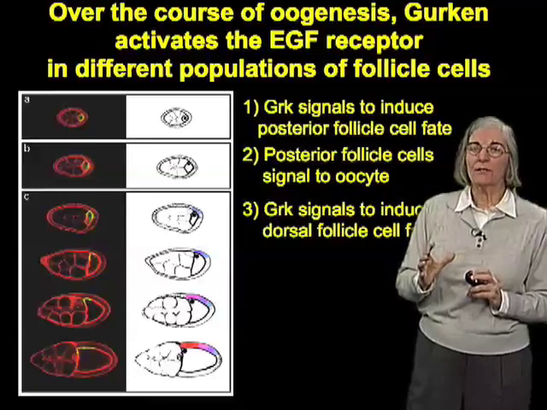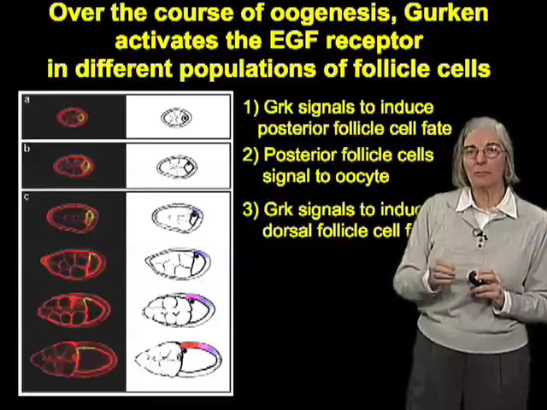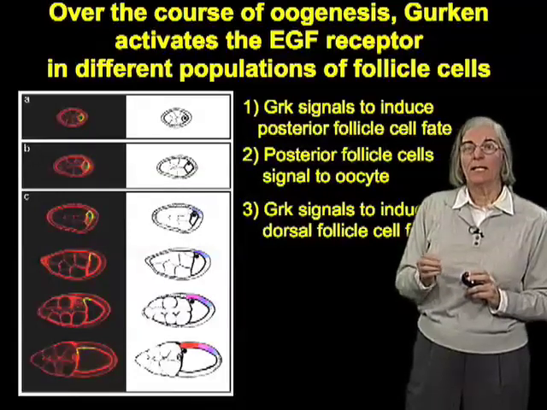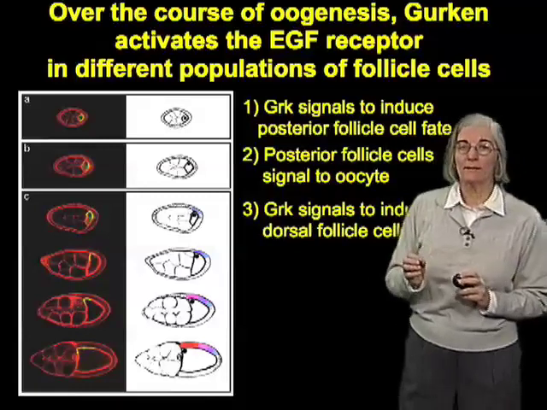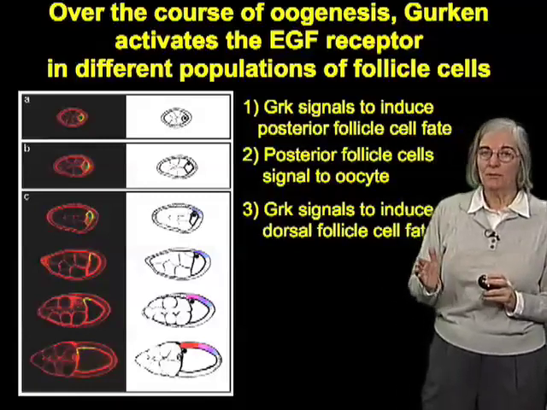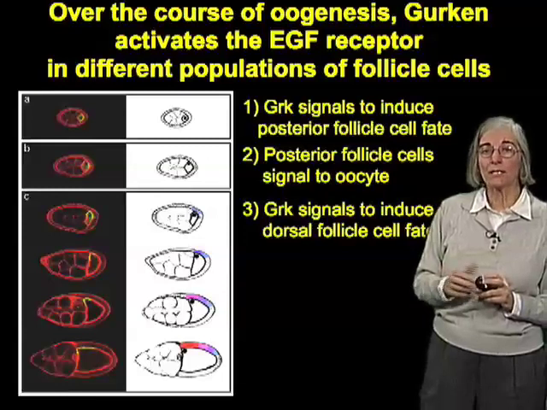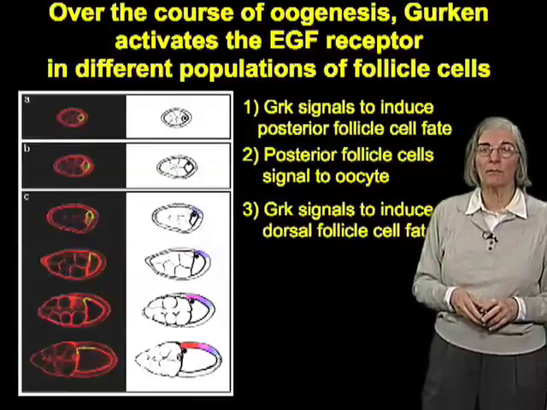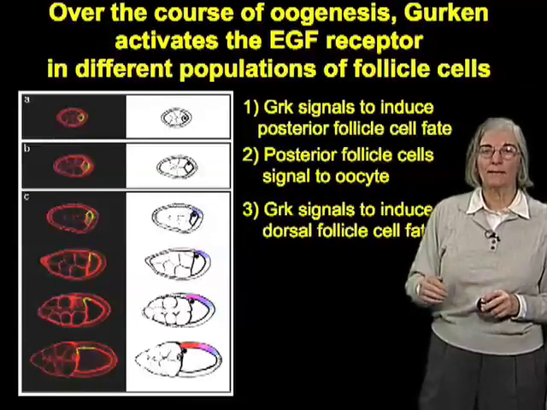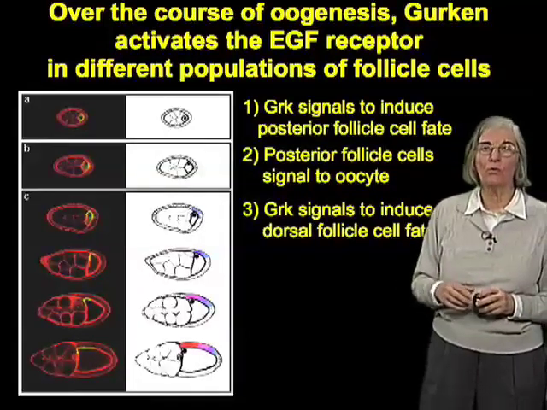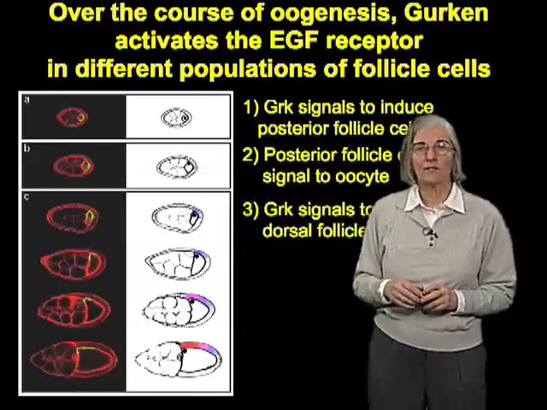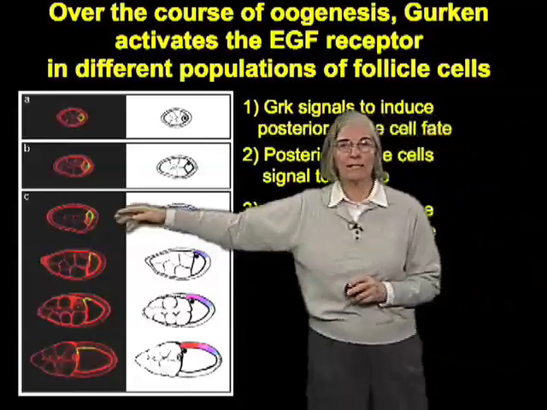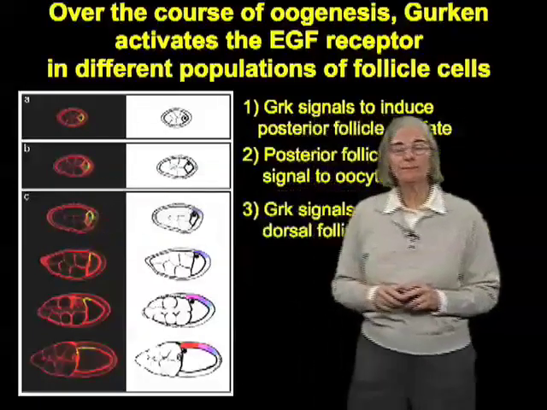The posterior follicle cells then signal back to the oocyte, and this signal is still not quite well understood, but we know that the signal back to the oocyte from the posterior follicle cells results in a reorganization of the microtubule network that causes the oocyte nucleus to move off of its axis of symmetry and over to just one side of the egg chamber.